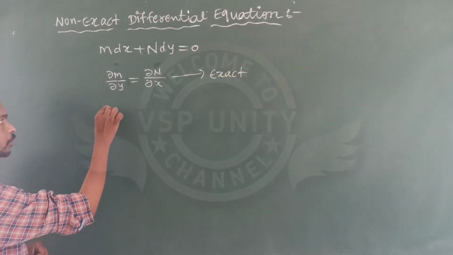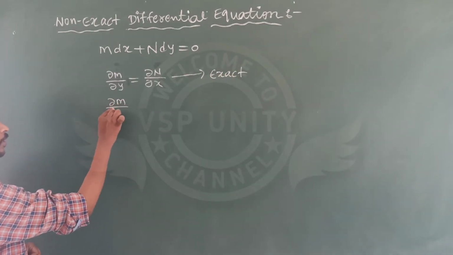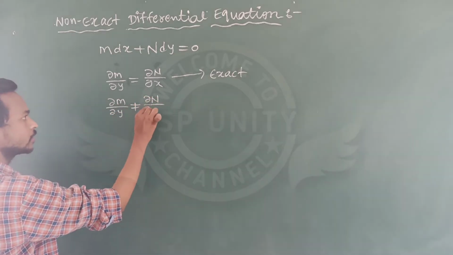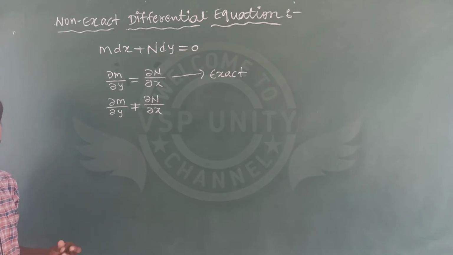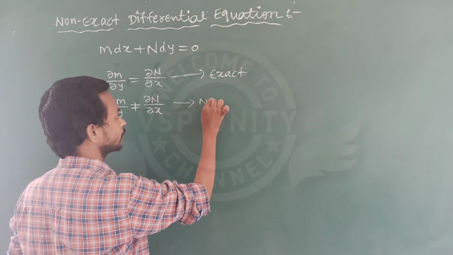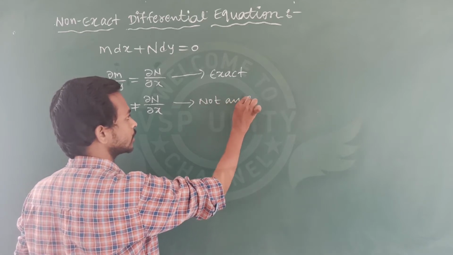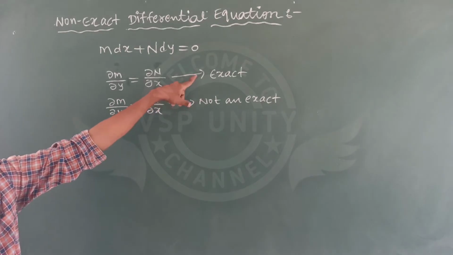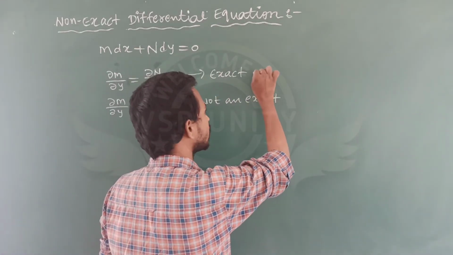If both are not equal, meaning ∂M/∂y does not equal ∂N/∂x, it is not an exact. If it is exact, we have a procedure to solve.